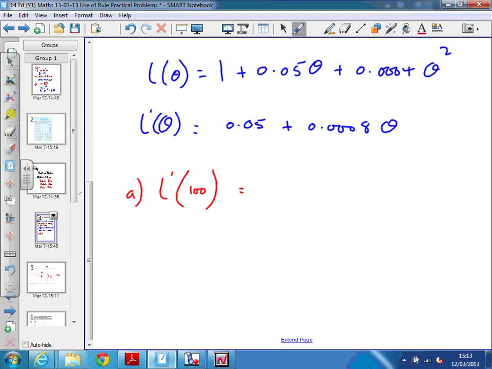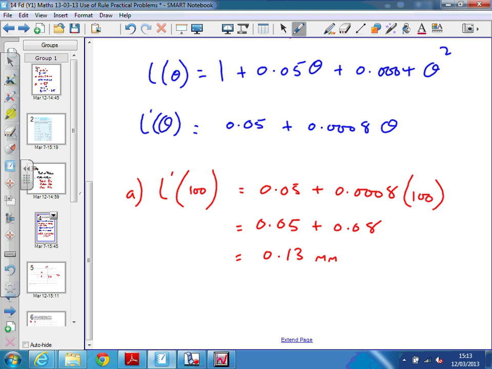So that equals 0.05 plus 0.308 times 100. And we work out what that is. I think I can probably do that without a calculator. Times by 100, 0.08. So 8 plus 5 is 13, 0.13 millimeters per degree centigrade.